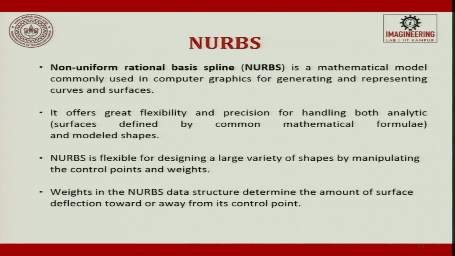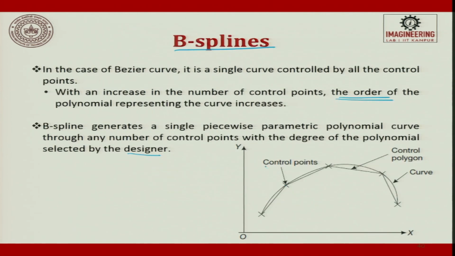So, the next advancement: the only difference between Bezier and B-spline is that in B-spline you try to fix the power, the order of the curve. In B-spline you can fix it to third order or fourth order, and still you can draw a curve. But the equal weightage to the control points was still a limitation.